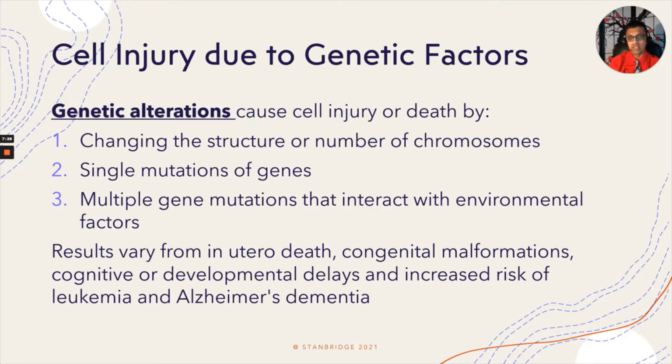Multiple gene mutations that interact with environmental factors. Results vary from in utero death, congenital malformations, cognitive or developmental delays, and increased risk of leukemia and Alzheimer's, dementia. And I think it's week 2 or 3 that we'll talk about genetic disorders. So this is just an introduction, right? So hey, some genetic factors can cause some cell damage. Remember, we're still talking about cell damage, but you want to look at the big picture.